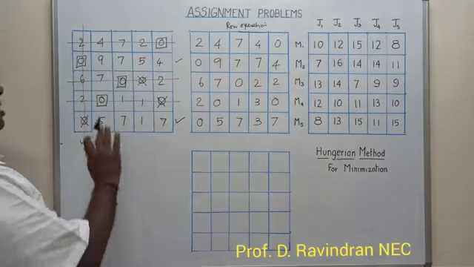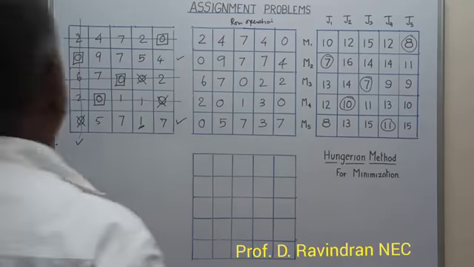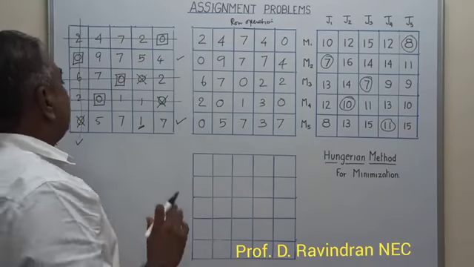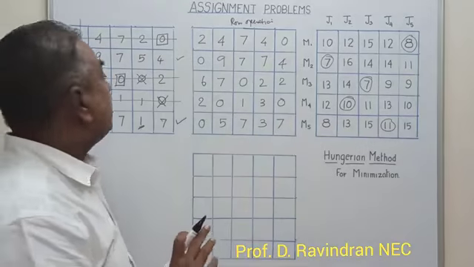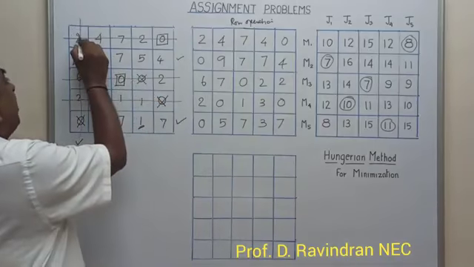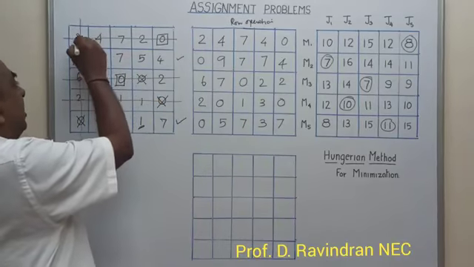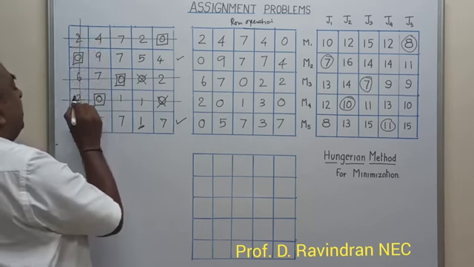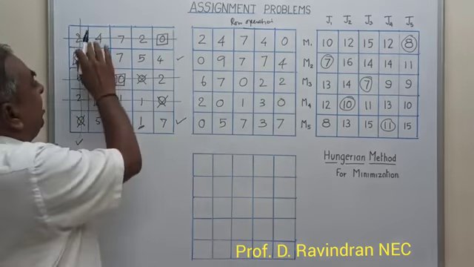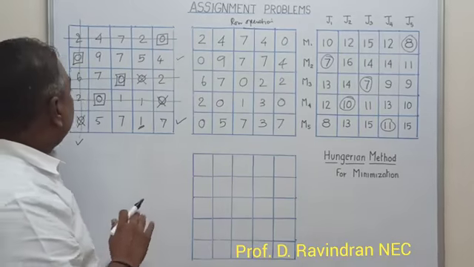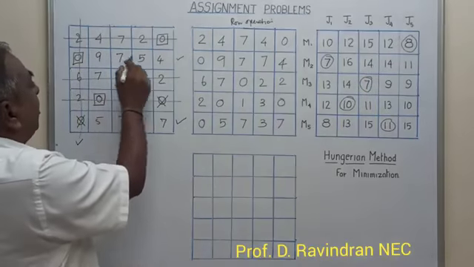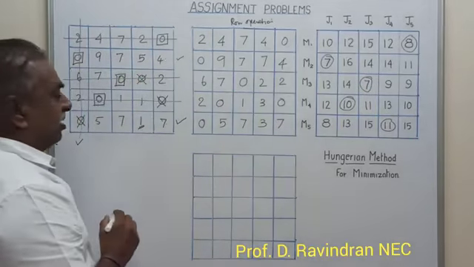After drawing the minimum number of lines, we can notice 3 types of elements. Certain elements lie on the junction of the straight lines, like 2, 6, 2, etc. Other elements lie on a straight line, and certain elements are not covered by any line.